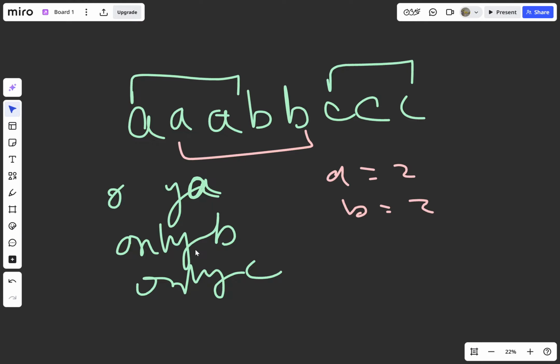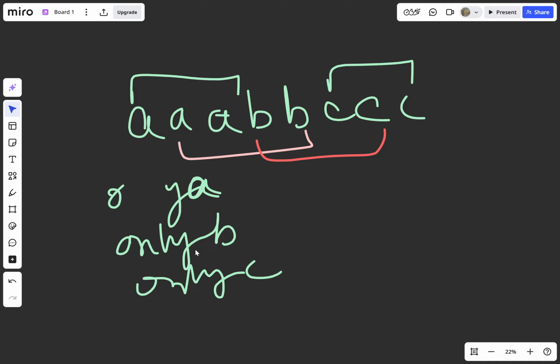Now if we consider B and C, what will be the longest substring we get? If we consider B and C only, this will be the longest substring, with length 4.